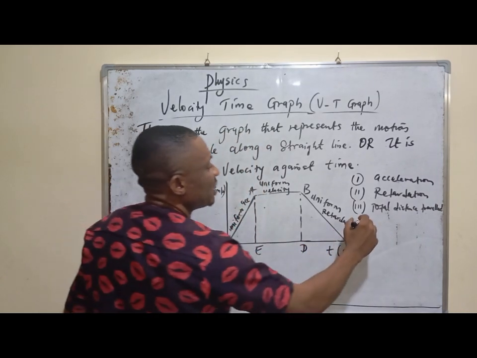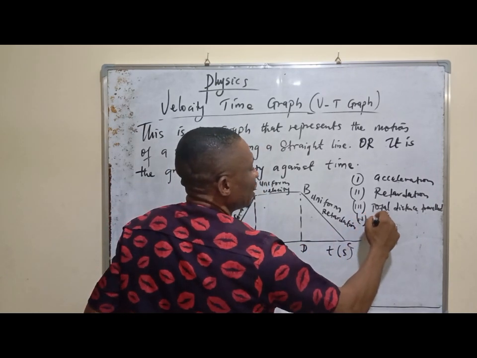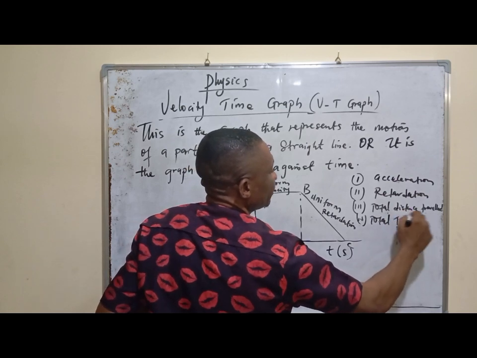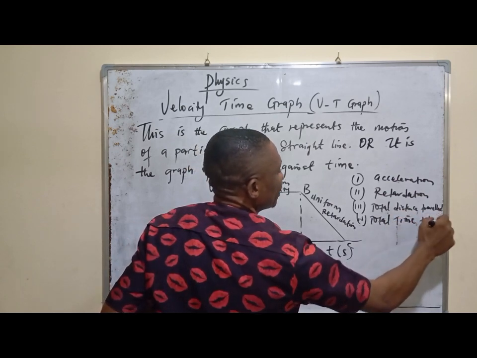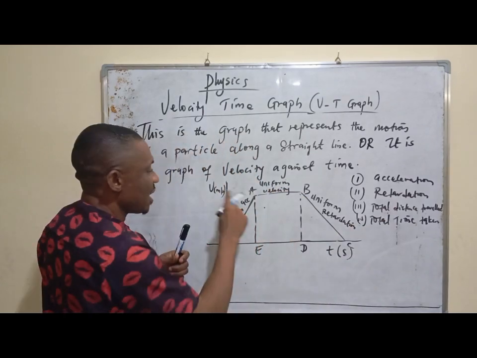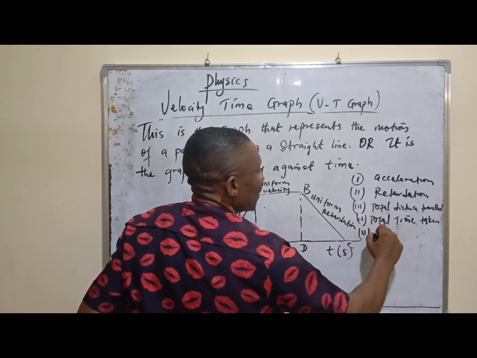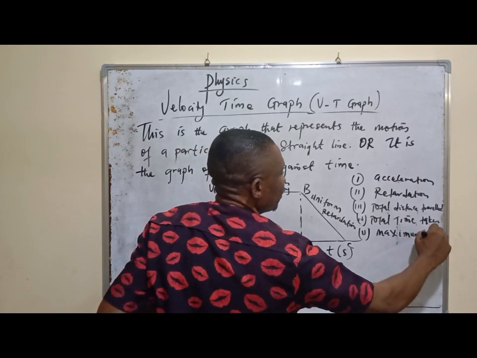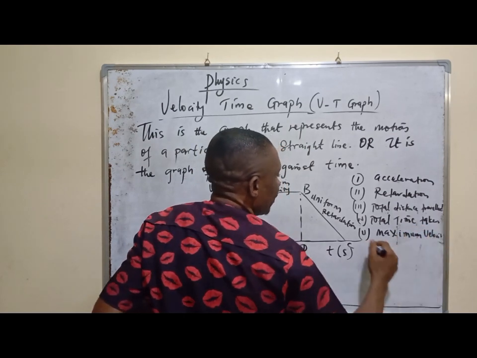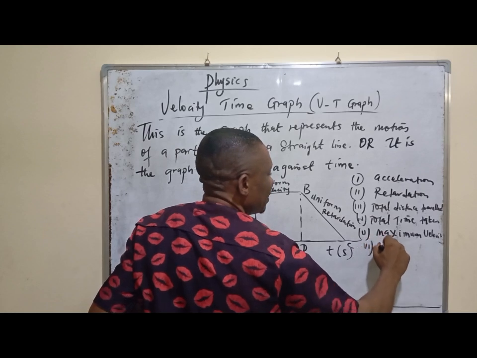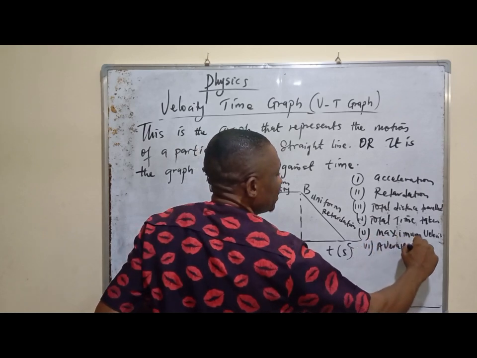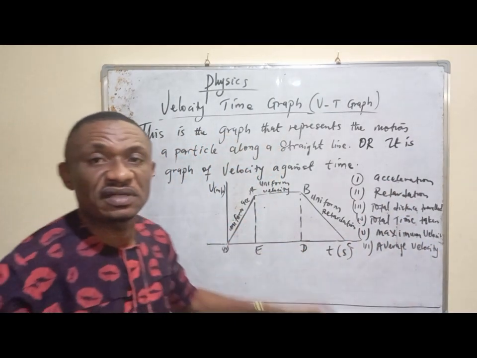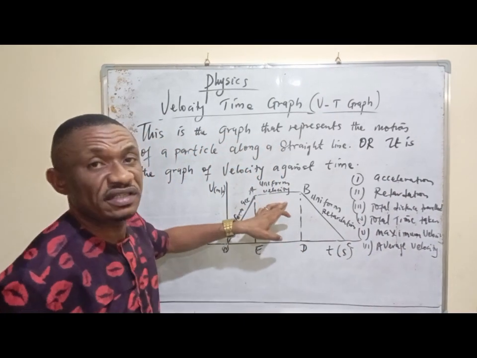Another is total time taken. Another is maximum velocity. Another one is average velocity. These are the things you can obtain from velocity time graph.